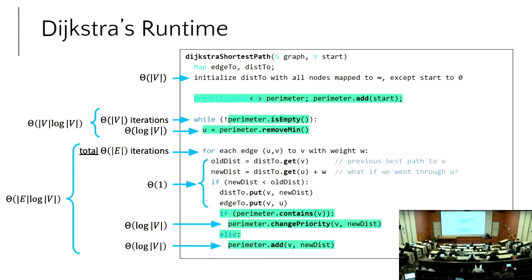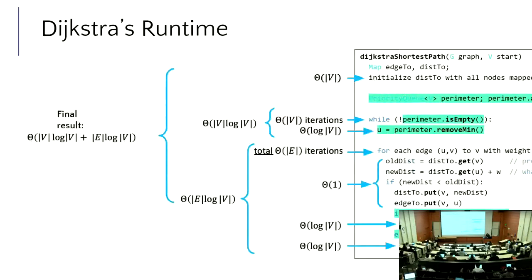Oh, it should be E log V plus V log V, actually. There's your final. You can tell this would have spent an entire day of lecture, but there you go. This is sort of considered the canonical runtime of Dijkstra's.